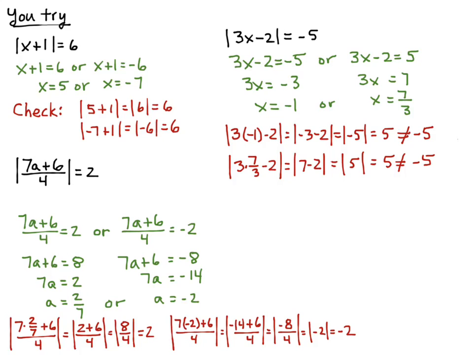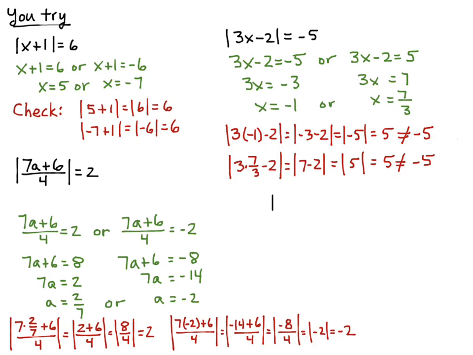The first two equations I established with the negative 5 and the 5 were pretty mechanical. I solved all that, and I get x equals negative 1 and x equals 7/3. Then you plug those in, and you have 3 times negative 1 minus 2, which is negative 3 minus 2, which is negative 5. Take the absolute value of that, and you get 5, which doesn't equal negative 5. The same thing on the next one, where the whole thing equals 5, but that's not what we're looking for.